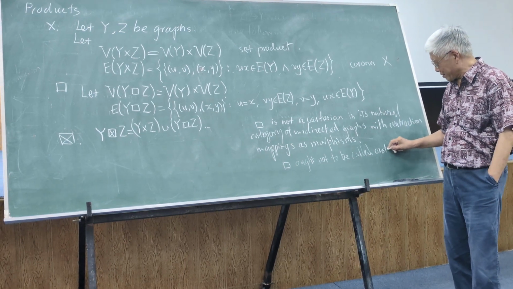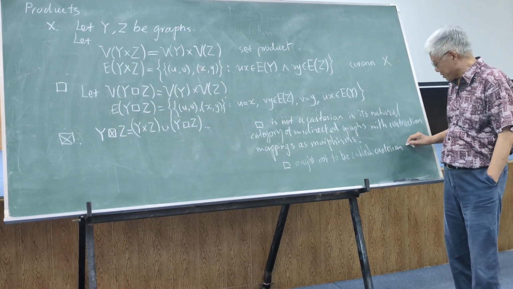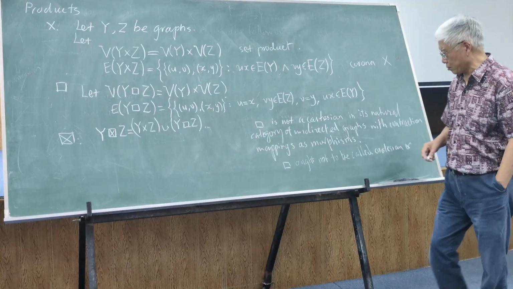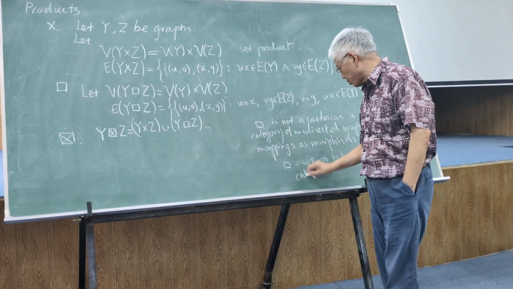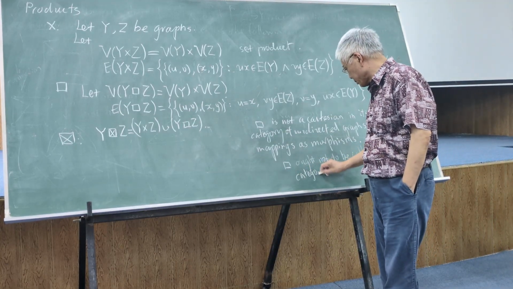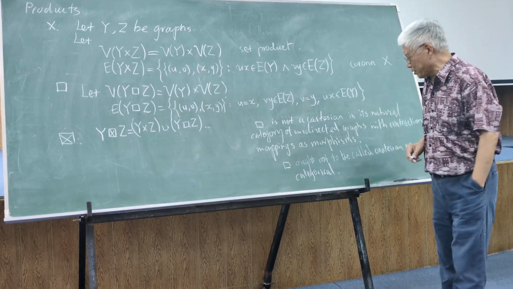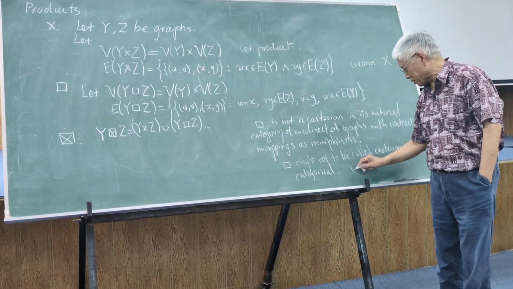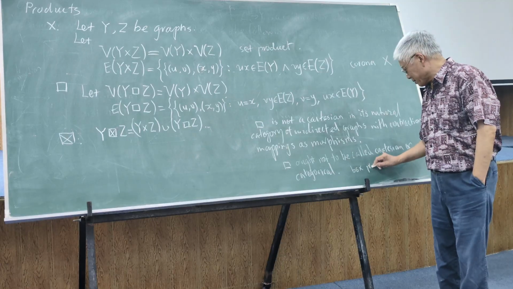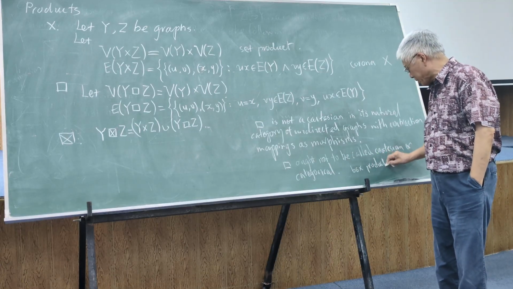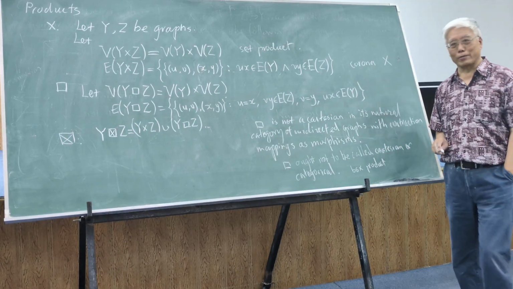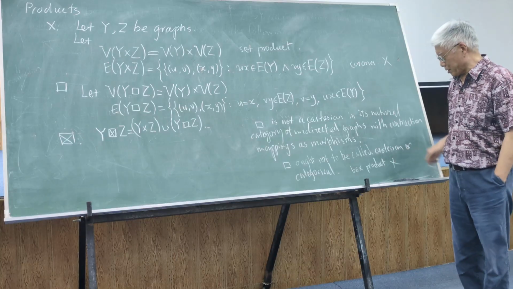Cartesian or categorical, it is not. And some people avoided this by calling this the box product, which I think is fine, but it is like giving a child the name trash. This I don't like.